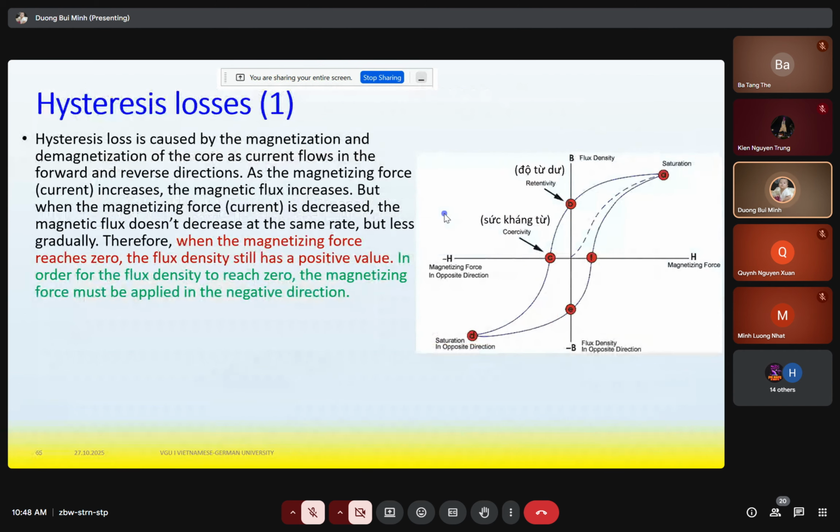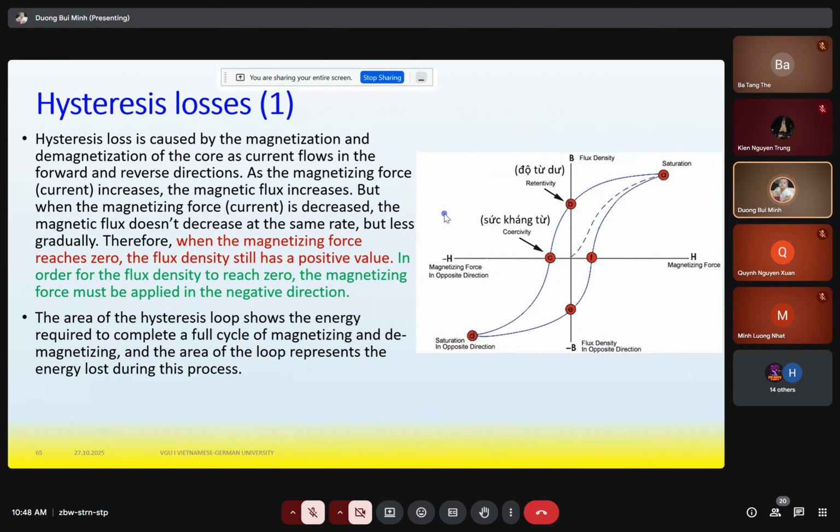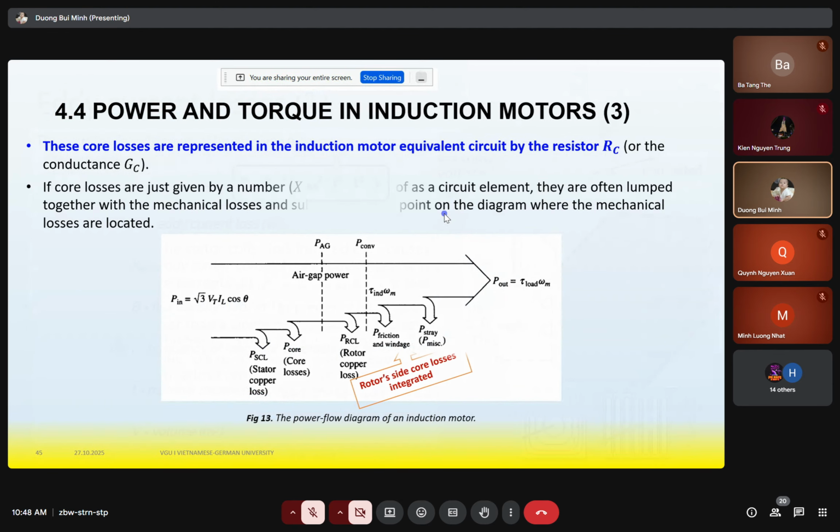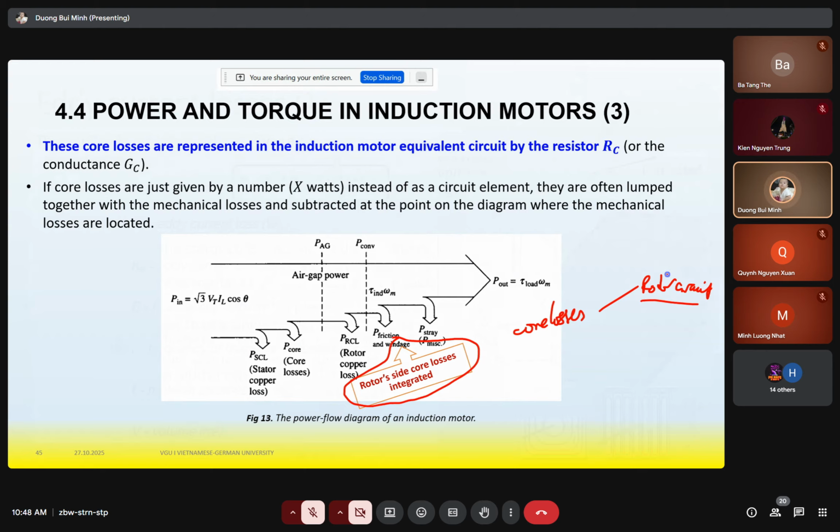Okay, so we know core losses are the combination of hysteresis losses and eddy current losses, as we discussed before. We also discussed that core losses come from the rotor circuit, because at the rotor we also have the magnetic core, and core losses come from the stator circuit.